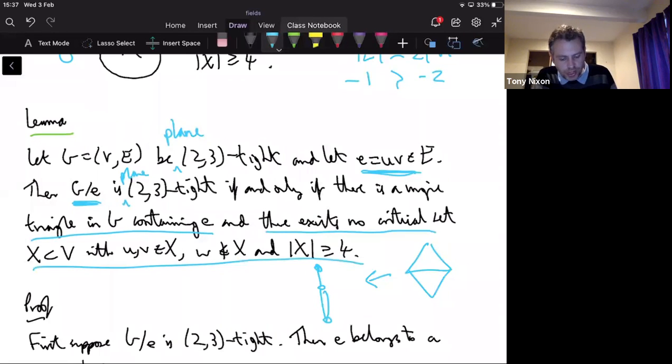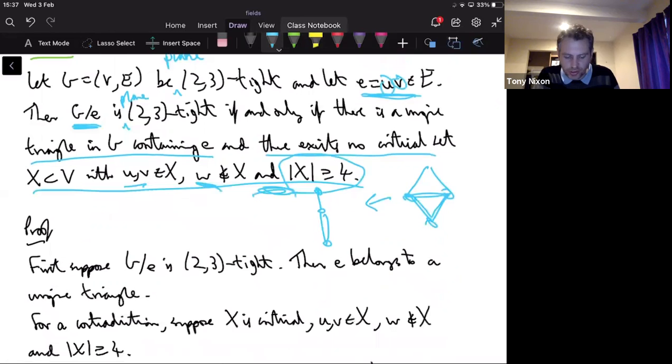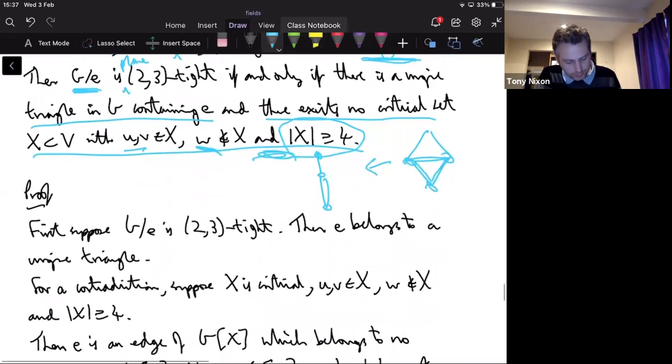So there's no critical set containing the two end vertices of E, U and V, not containing the third vertex in the triangle, and having at least 4 vertices. The at least 4 vertices is just a trivial assumption, because if it had less than 4 vertices, it would be a 3 vertex graph and it would be the other option. So it's not saying 3 vertices is somehow good. It's just saying that's in the other part of the options.